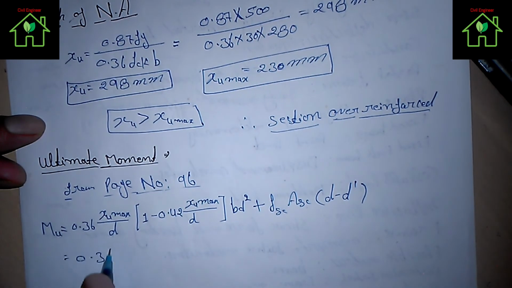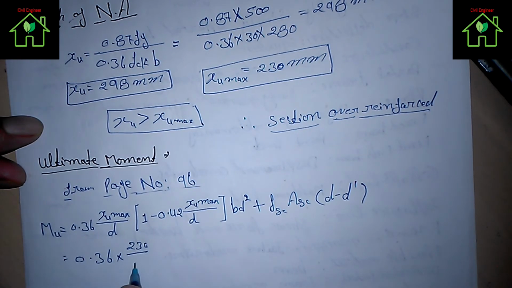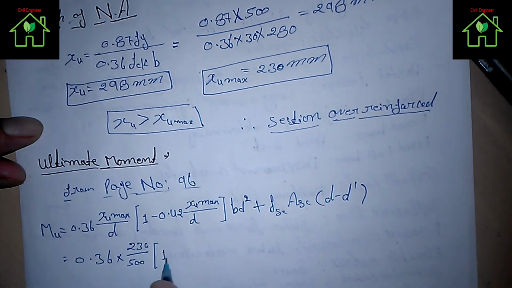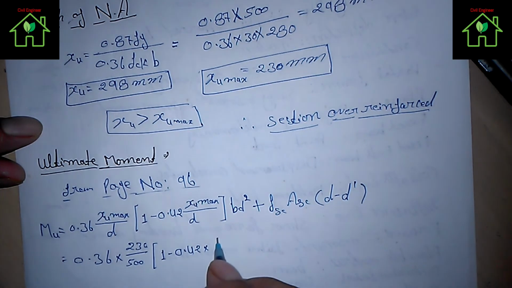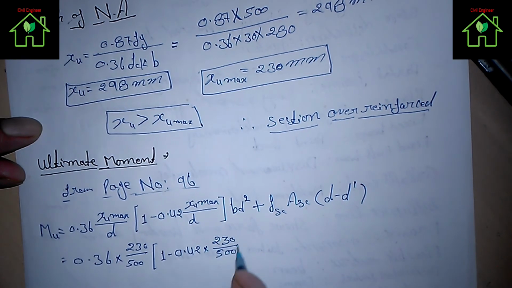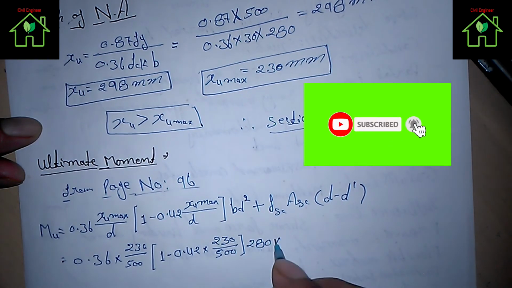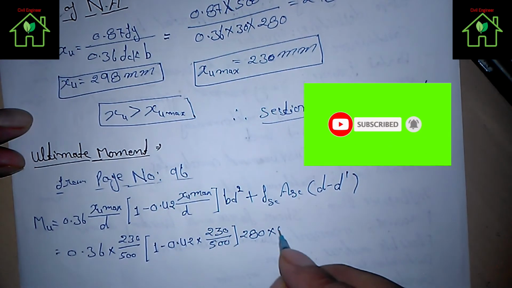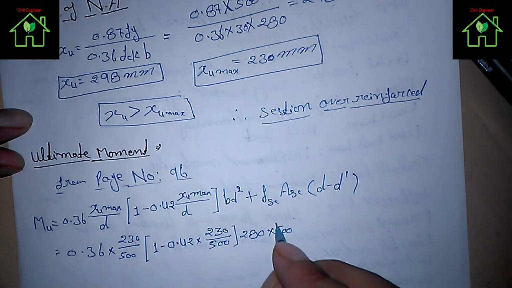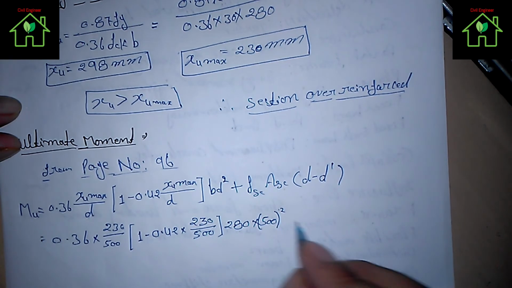So here 0.36 into 230 divided by 500, into 1 minus 0.42 into 230 divided by 500, into 280 into 500 square into 30.